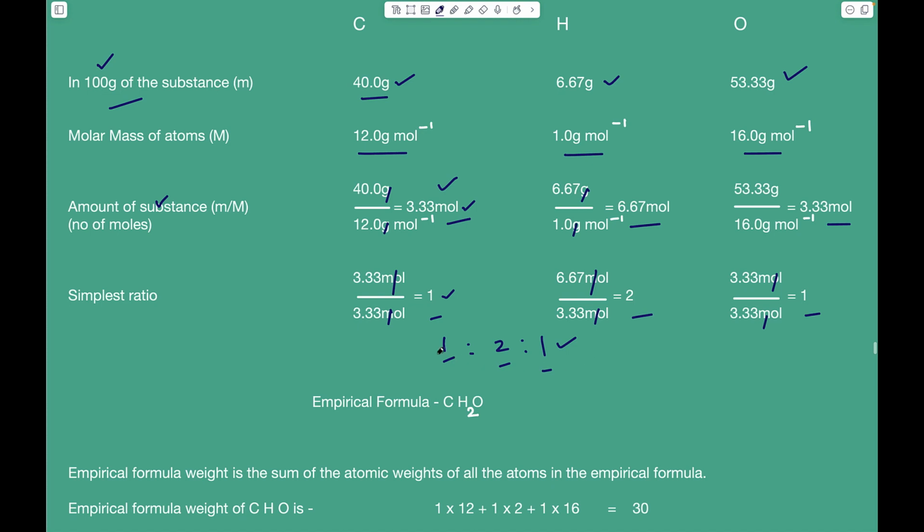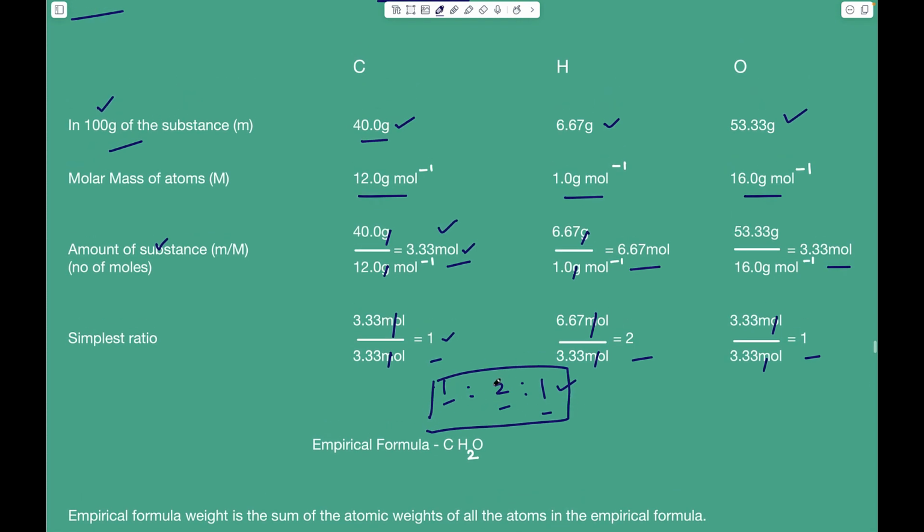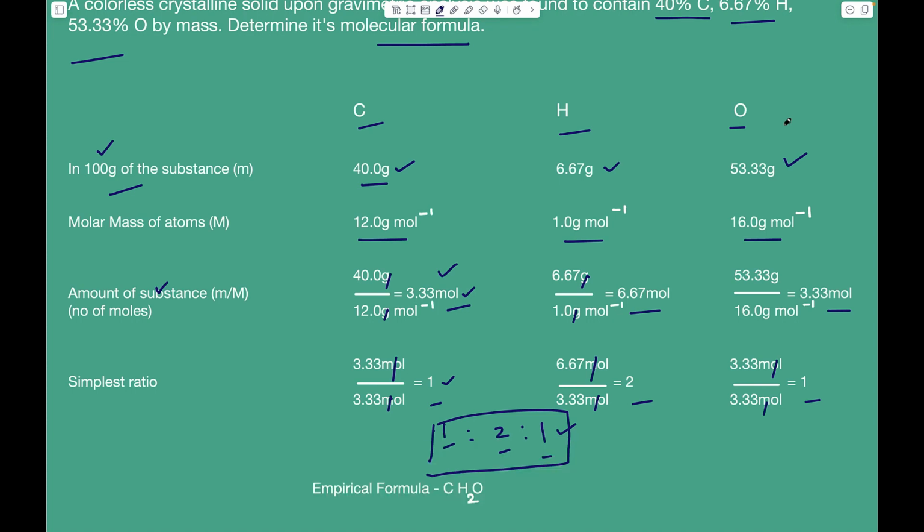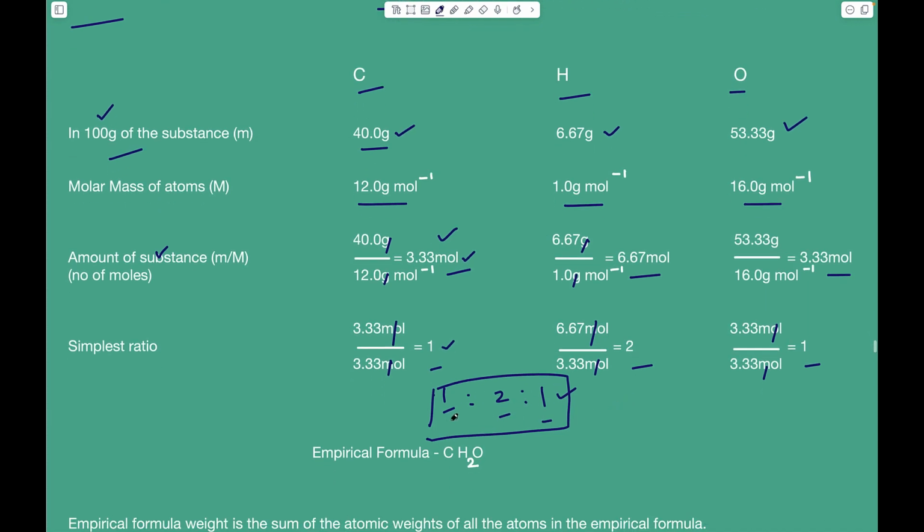So what we figured out is the simplest ratio of the number of moles of different elements present in that compound. It doesn't matter the amount of compound that you started with. And this ratio also tells the simplest ratio of the atoms present in one molecule of that compound.